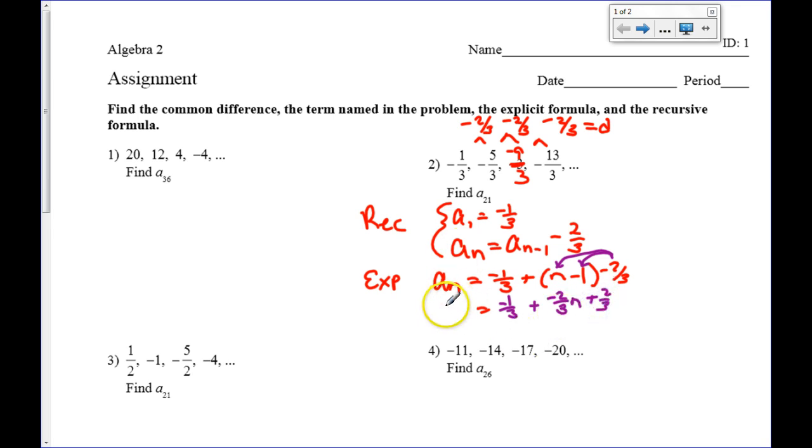That equals A sub n. Oh. We're finding the explicit formula. So wouldn't that be just -1/3? Yep, so I could put these two together, right? This one and this one. Wouldn't it be easier to take n minus 1 and then just multiply it by -2/3? That's what I did. Multiplied it by -2/3.